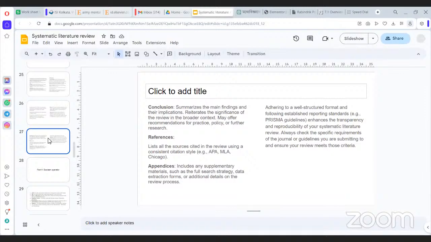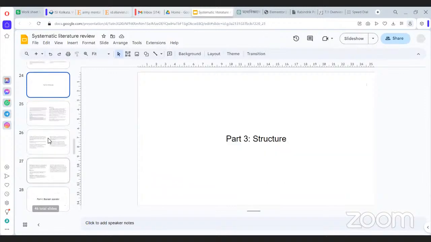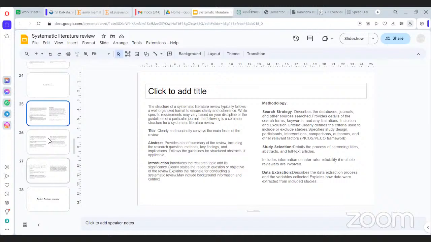Now I am coming to the structure of systematic literature review. Okay, Shumana, please read. Yes, sir.